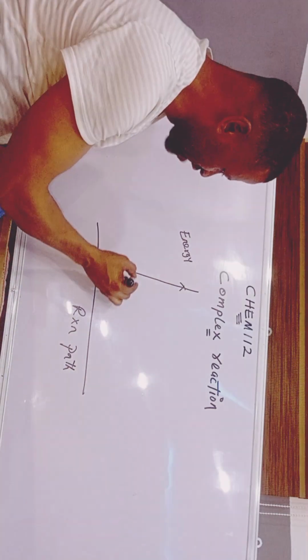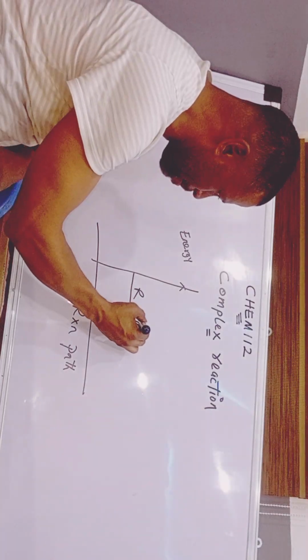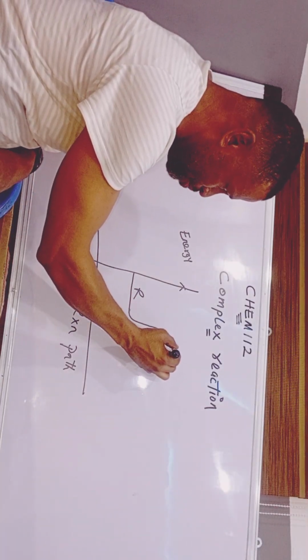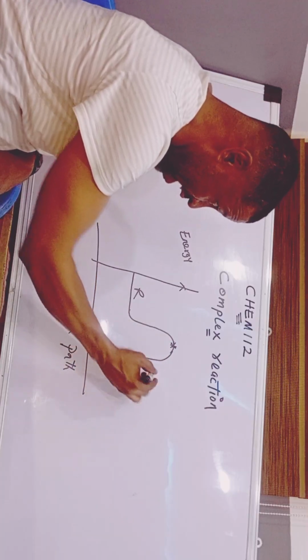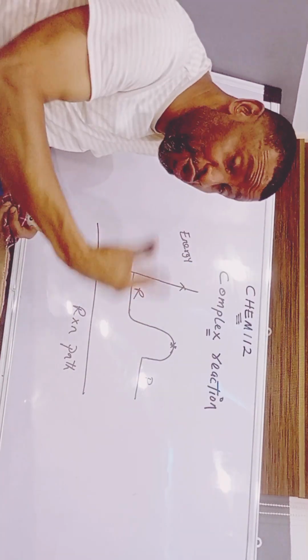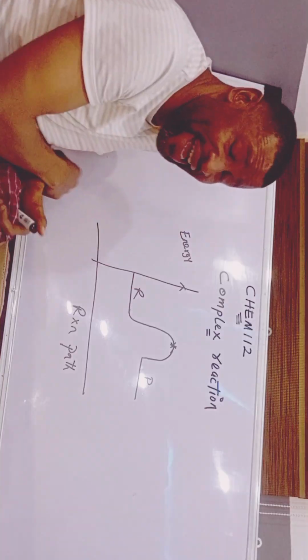If a chemical reaction starts here, the reactants will have to climb a certain amount of energy, get to the maximum, and then product will begin to form. If I form the product somewhere here above the reactant, that means that the reaction is endothermic. In endothermic reaction, product is formed above the reactant.